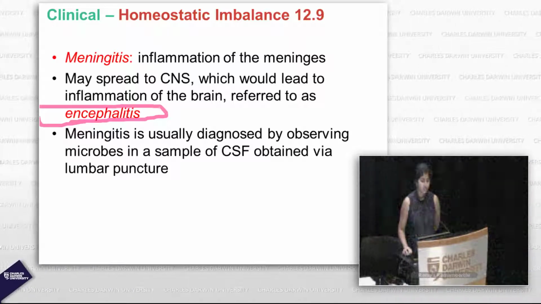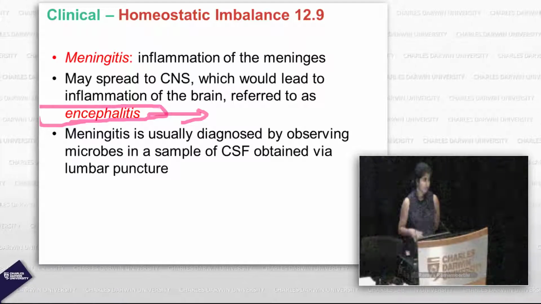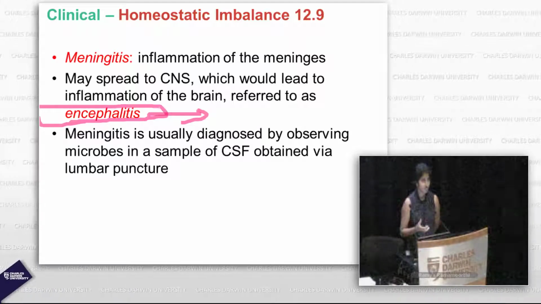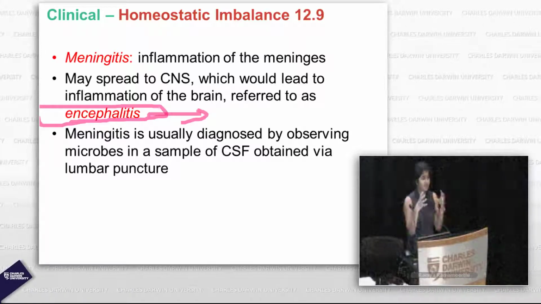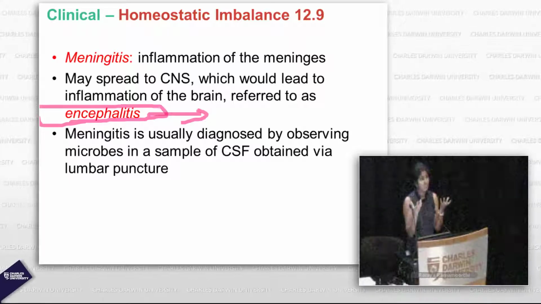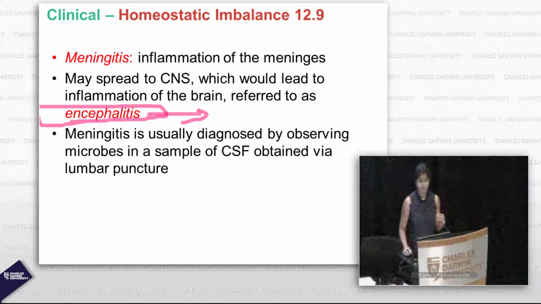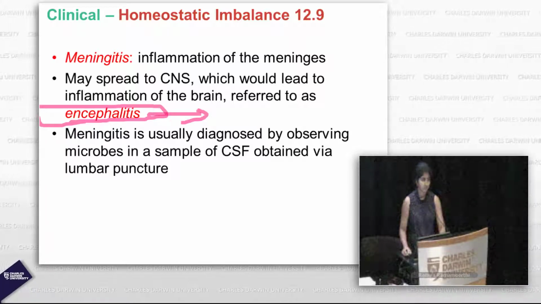Encephalitis happens soon after meningitis. Once meningitis sets in, you have certain symptoms, and if that's not caught, your central nervous system starts to get affected. It can be microbes of any origin, bacteria or virus, and the lumbar puncture will tell you which, so they collect the CSF and get to know.